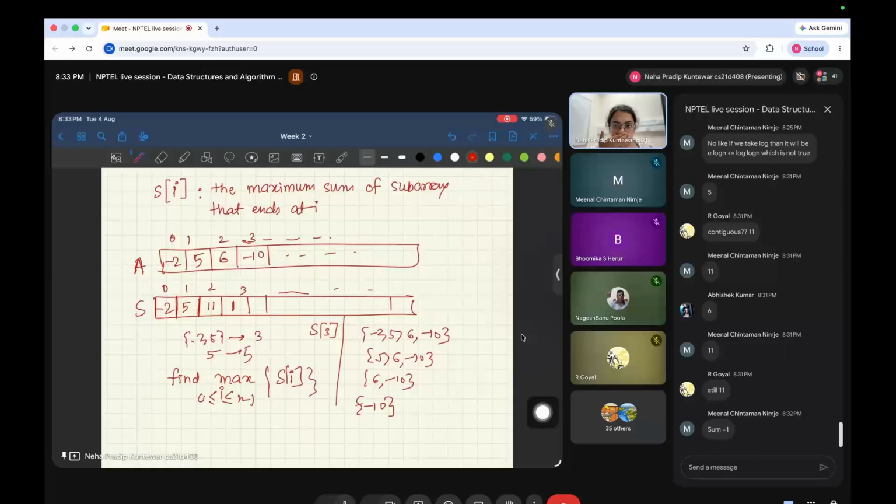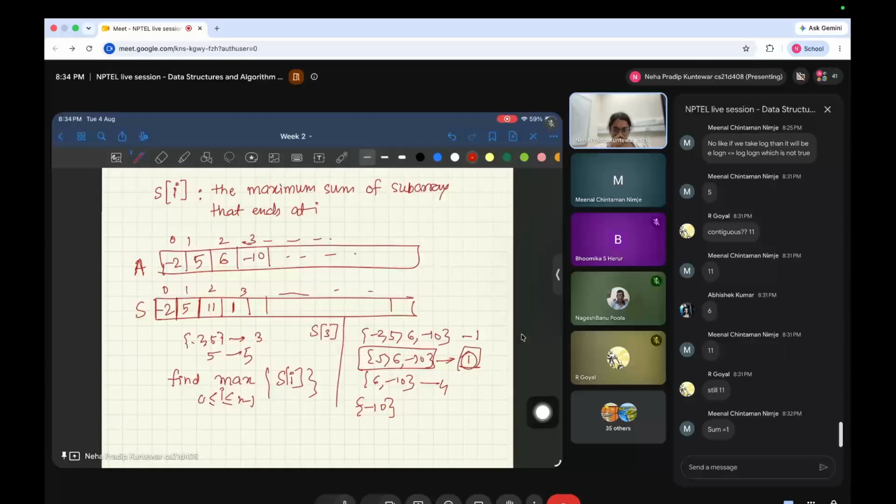These are all the possible options that we had. Among these, this gave us the maximum value. This was 1. This is minus 4, this will be minus 1 as well. So this was our maximum.